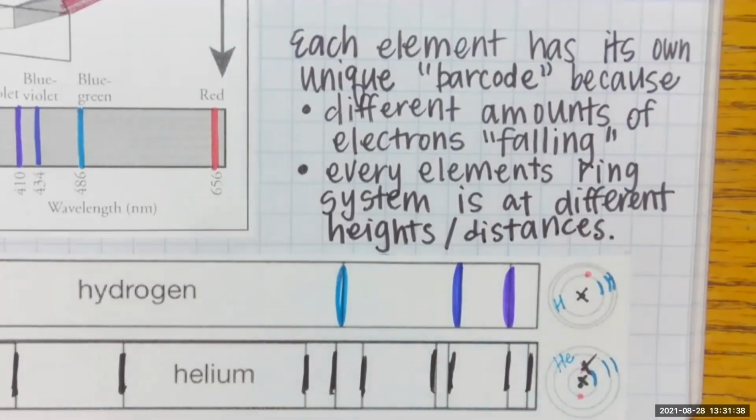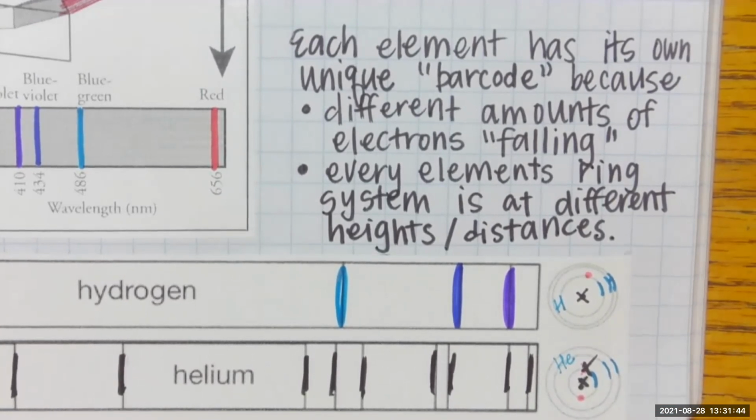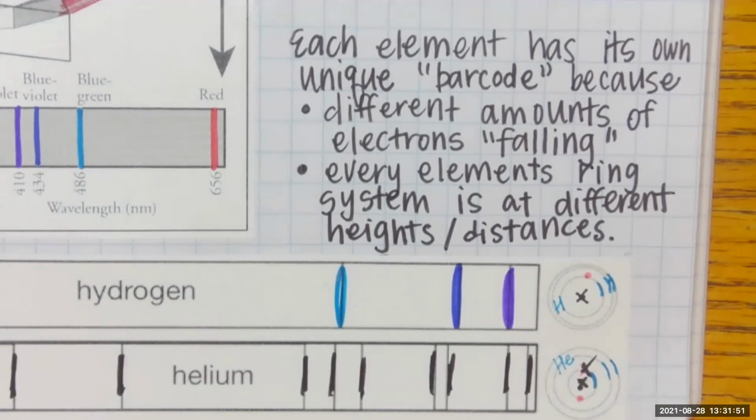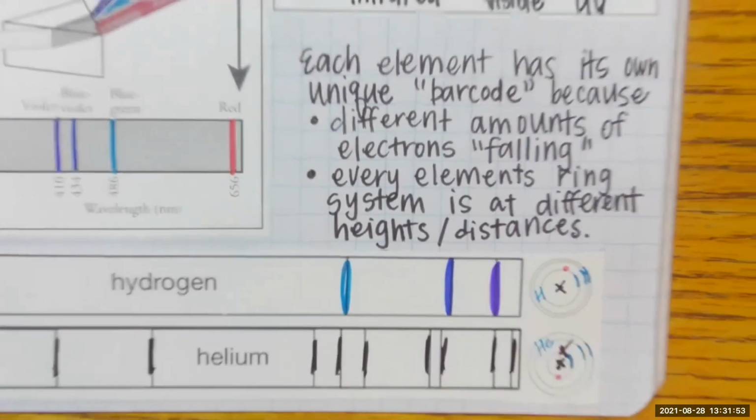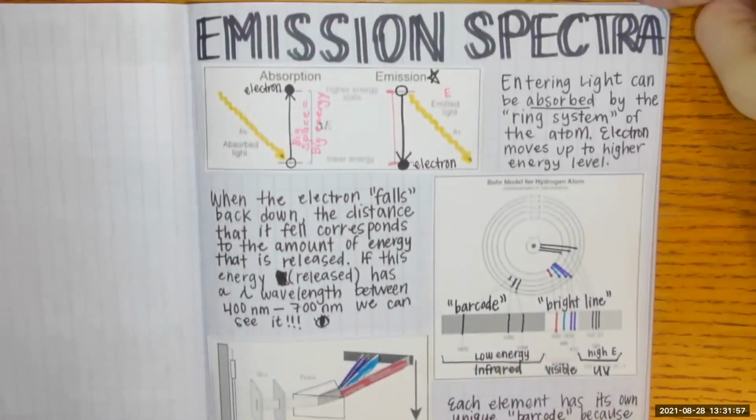The distances correspond to the stripes. So the stripes are different because the ring systems are different. So that is the entirety of this page here for emission spectra.